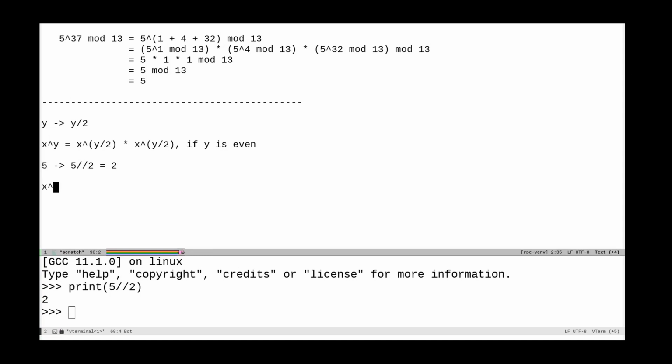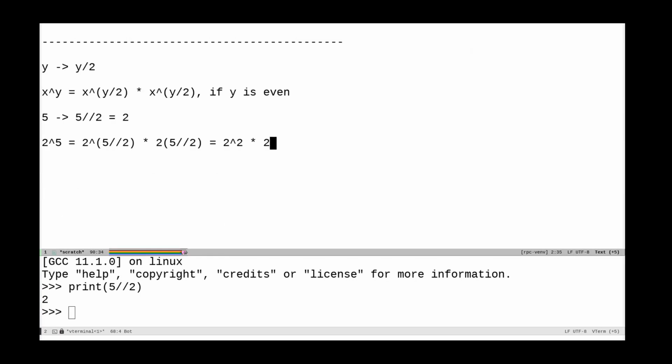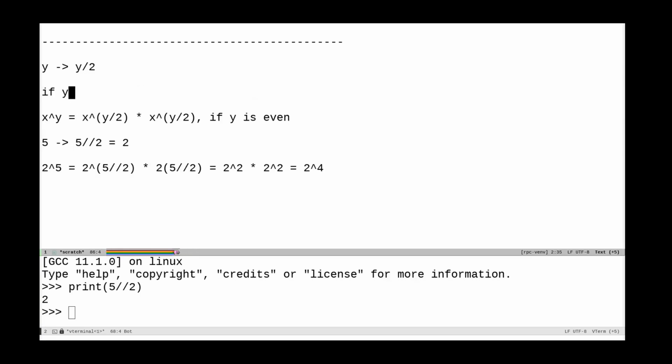Which means that the previous trick does not work exactly, because now, if I do 2 to the 5, that's not equal to 2 to the 5 divided by 2 times 2 to the 5 divided by 2, because that would be 2 to the 2 times 2 to the 2, which is 2 to the 4. Every time the exponent is odd, I miss 1 time the base. I miss 1 on the exponent. So mathematically, if y is even, then we have this formula.